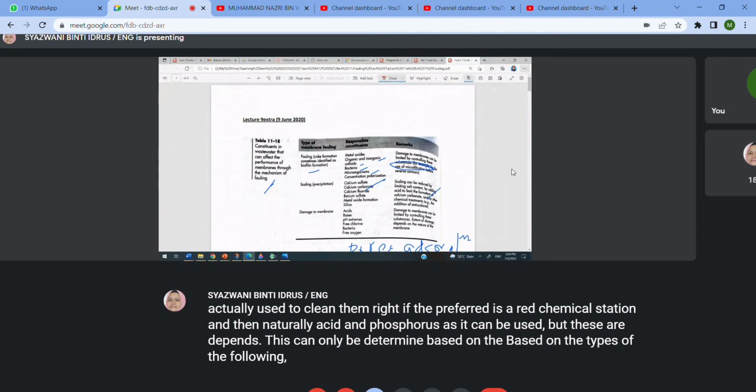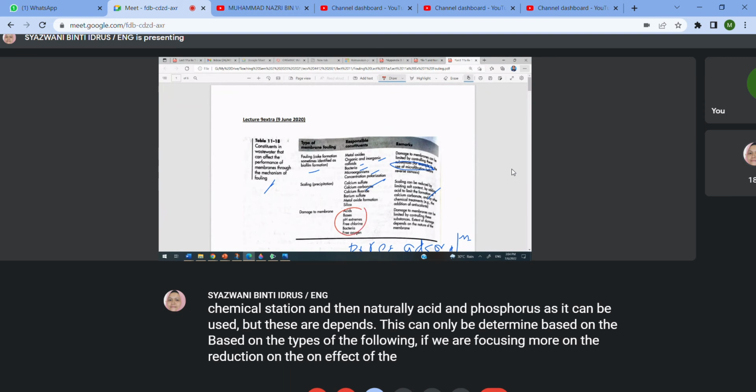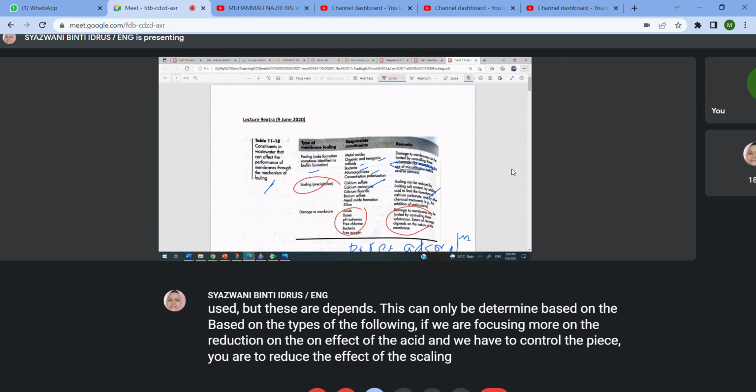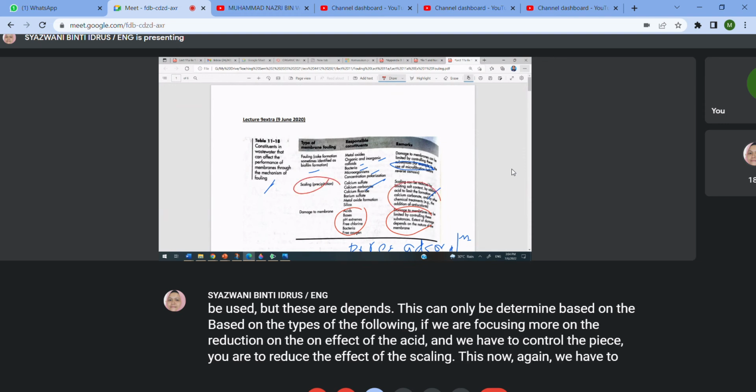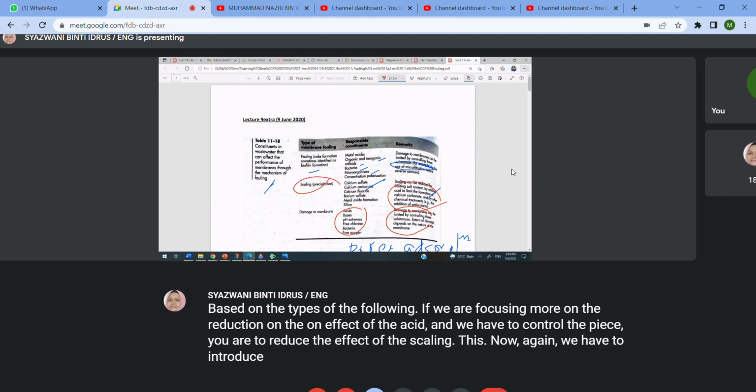If we are focusing more on reducing the effect of the acid, then we have to control the pH. If we want to reduce the effect of scaling, then we have to introduce chemical treatment, anti-scaling for example.